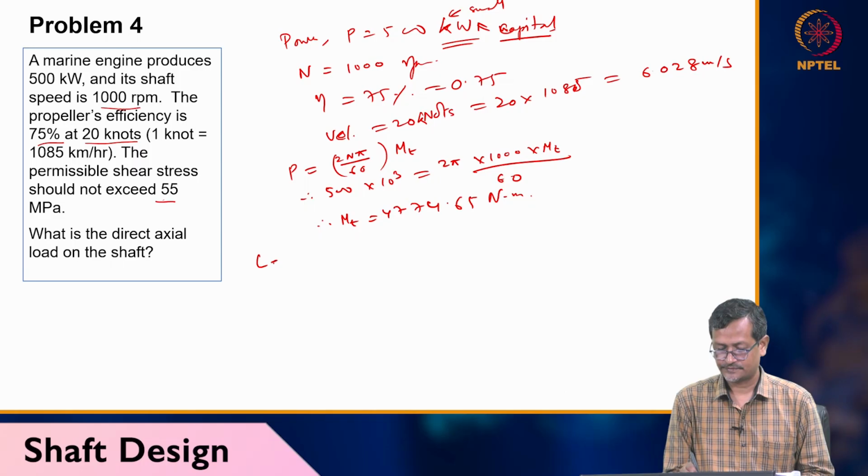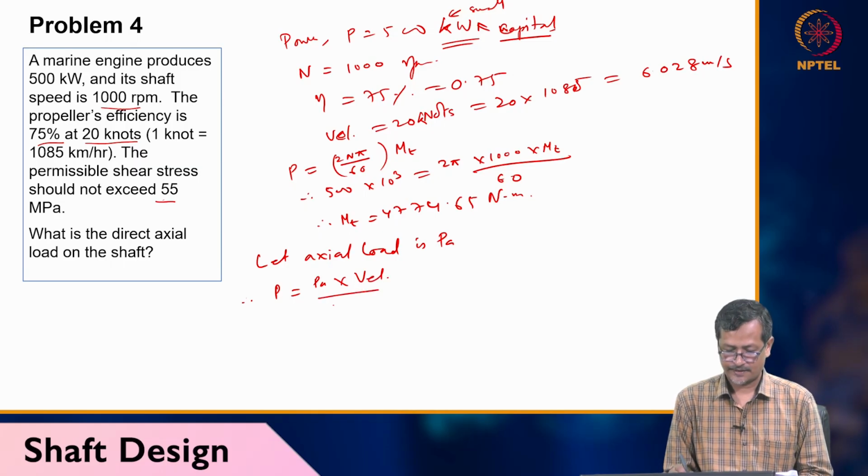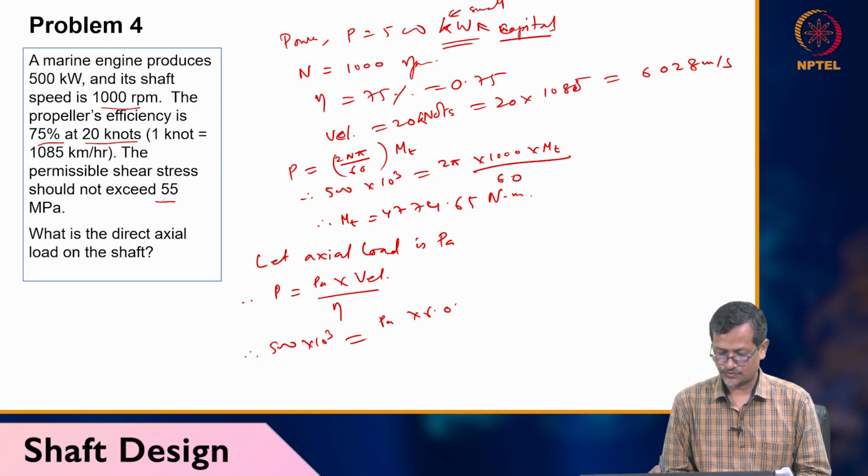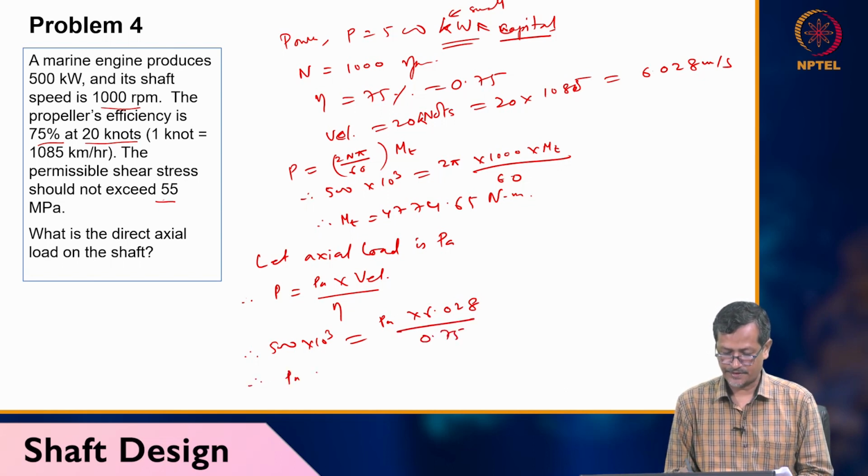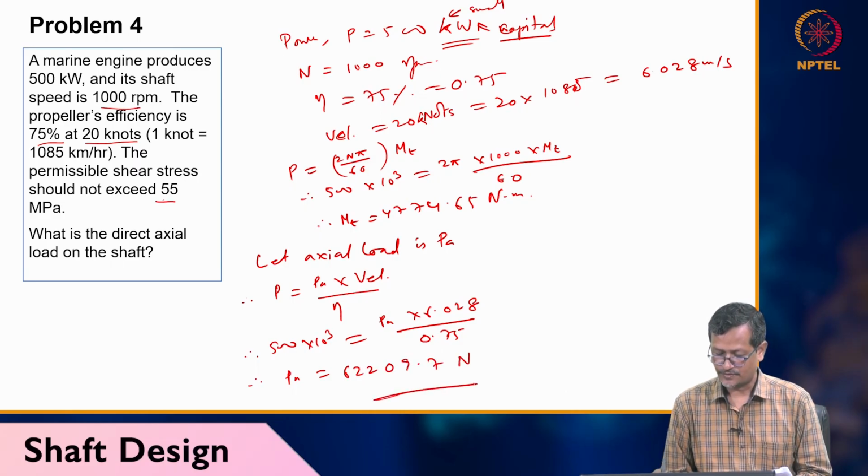Let the axial load be PA. P equals PA into velocity by eta. Therefore 500 into 10 power 3 equals PA into 6.028 by 0.75, so PA equals 62209.7 Newton. Okay, this is your answer.